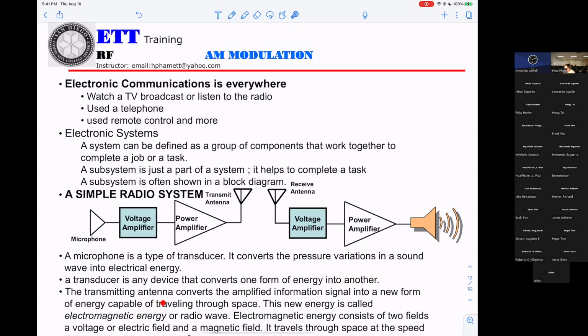The transmitting antenna converts the amplified information signal into a new form. The transmitting antenna will convert the amplified information signal into a new form of energy capable of traveling through space.